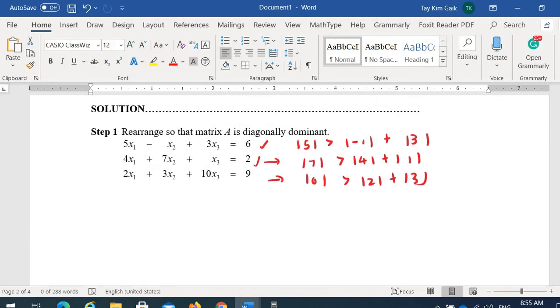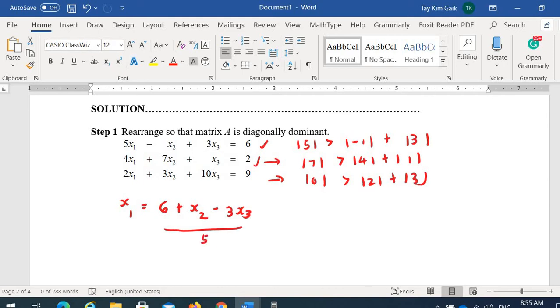To solve it using the Gauss-Seidel iterative formula, from equation 1 here, first of all, you write x1 equal to 6 plus x2 minus 3 x3. The coefficient of x1 is 5, so it's divided by 5.